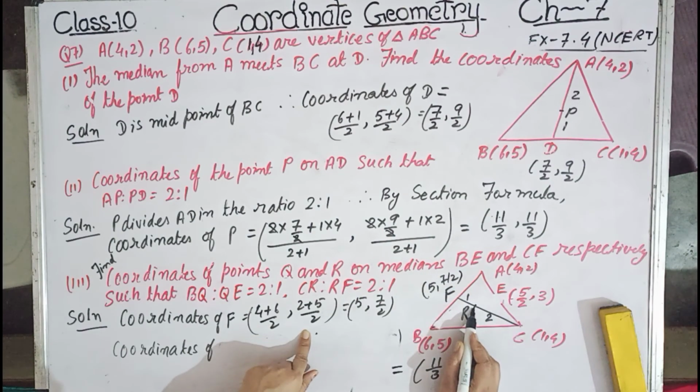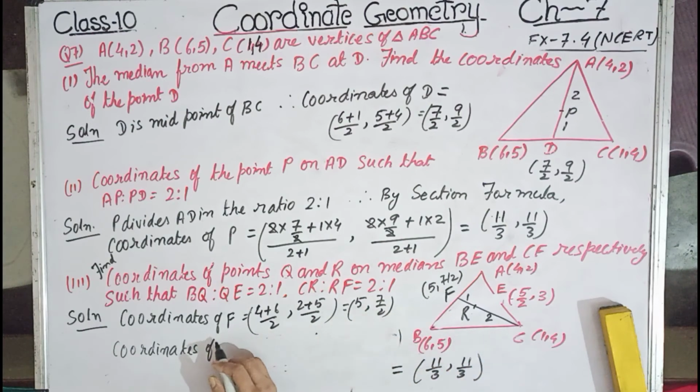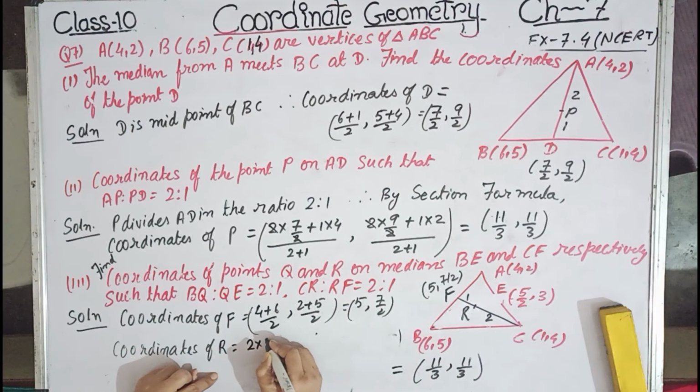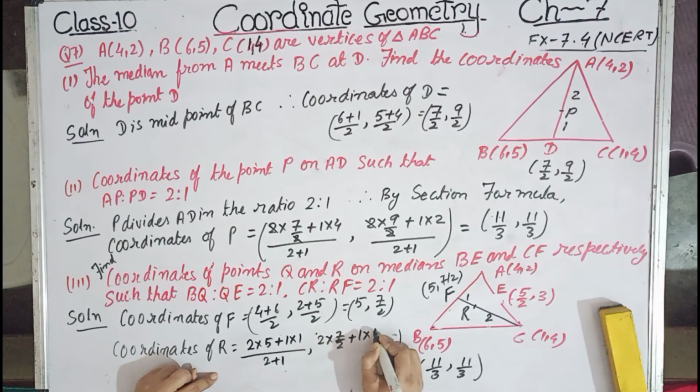Now we have to get the coordinate of R, which divides CF in the ratio of 2 is to 1. So again we will be using the section formula. So coordinate of R will be equal to (m x2 plus n x1) by (m plus n) and (m y2 plus n y1) by (m plus n), which will again be equal to 11 by 3 and 11 by 3.